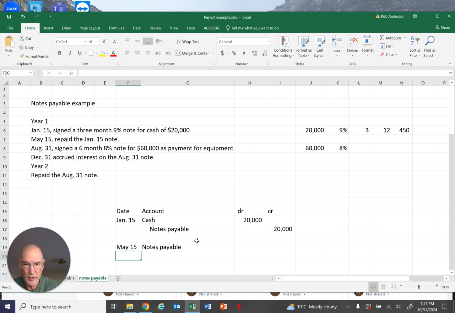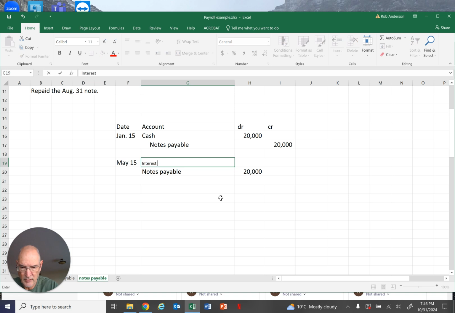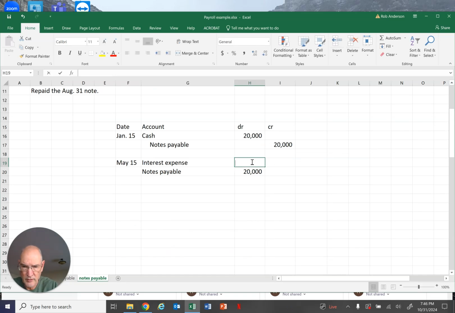Okay, so here's our notes payable, and we're paying off the principal of the note. So here we have 20,000. Now actually I'm going to put this on the second line because it's a little bit more traditional to put our interest expense first. So let's do that. Debit interest expense, and we had determined that to be $450.